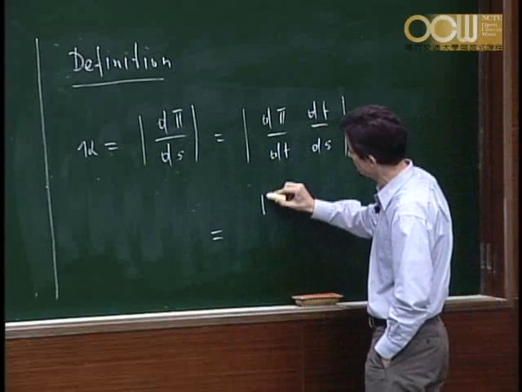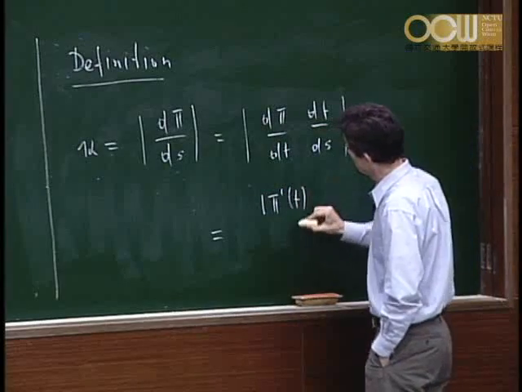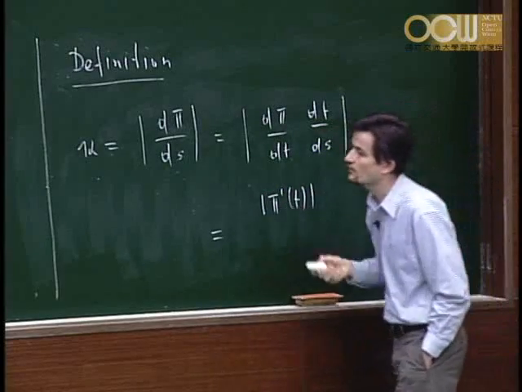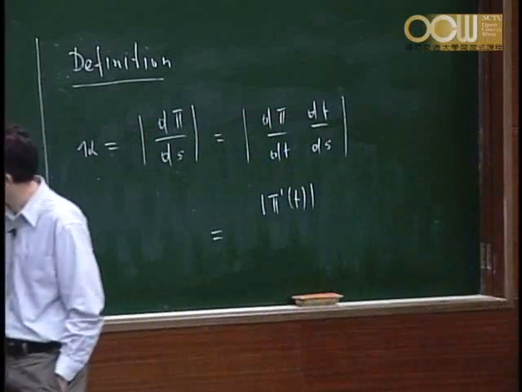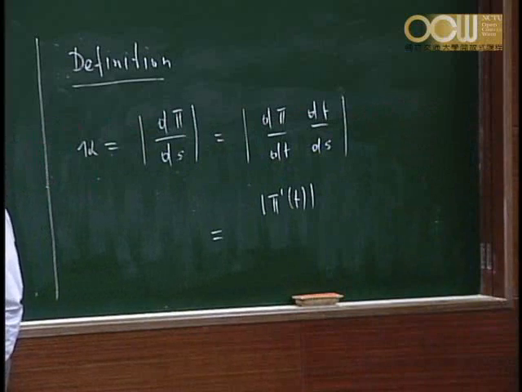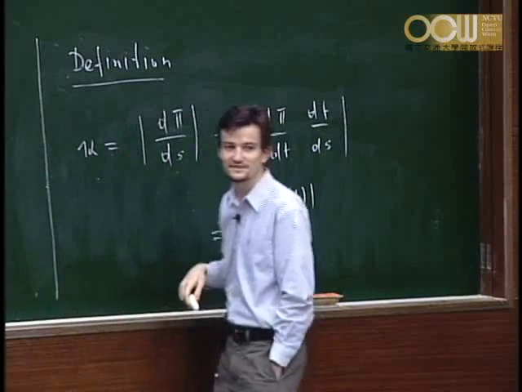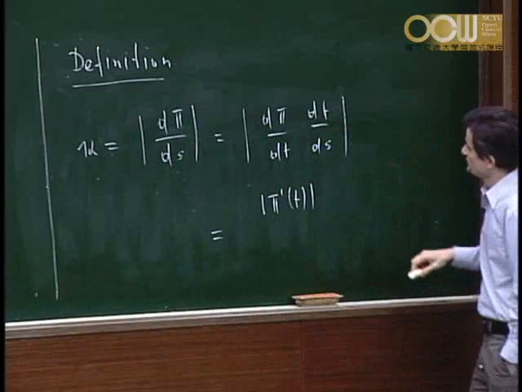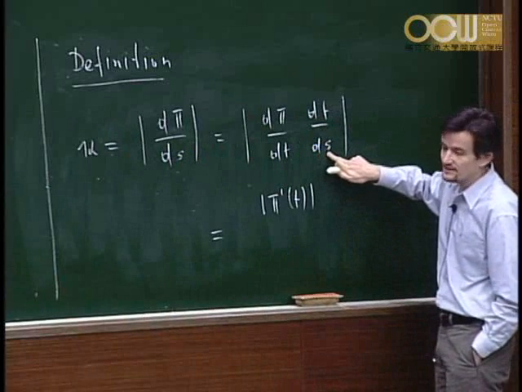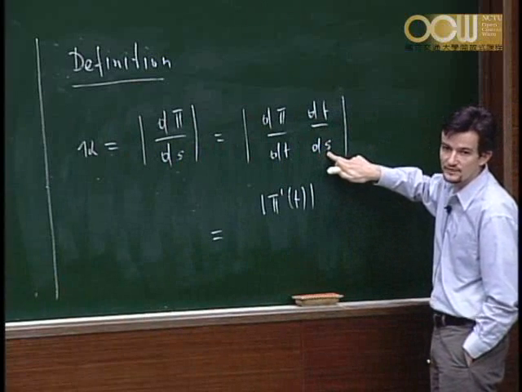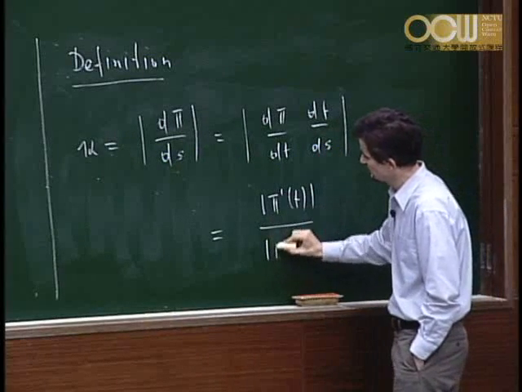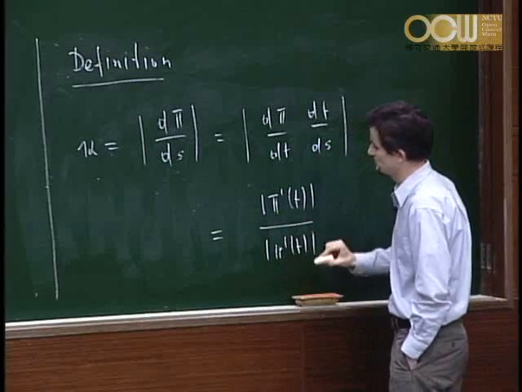So this is just the derivative of the, this is a very awkward symbol which I use here, but this is not pi here, this is t, but a vector. So this is this here, and here we have ds over dt, but ds over dt, we just saw that this is the length of the derivative.